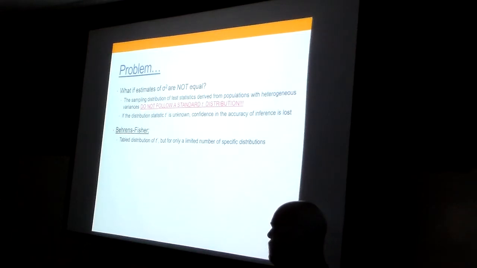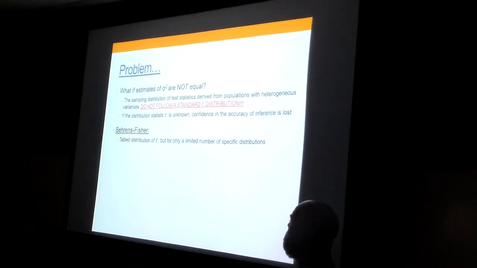And so a couple of solutions, and Hal does a nice job of walking through this, talking about a Behrens-Fisher approach. Behrens-Fisher basically tabled the distribution of T prime, but for a specific number of distributions, right? There's lots of different ways that population 1 variance could be different than population 2 variance, and then we start adding in different sample sizes and things like that.